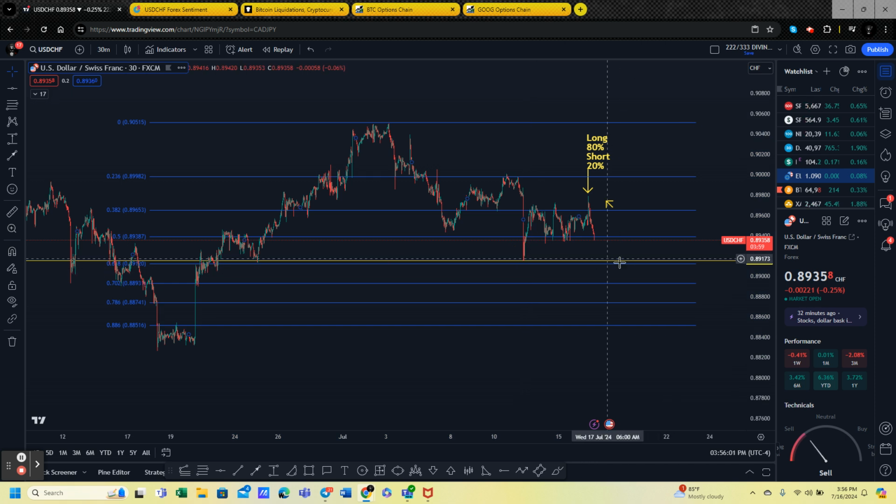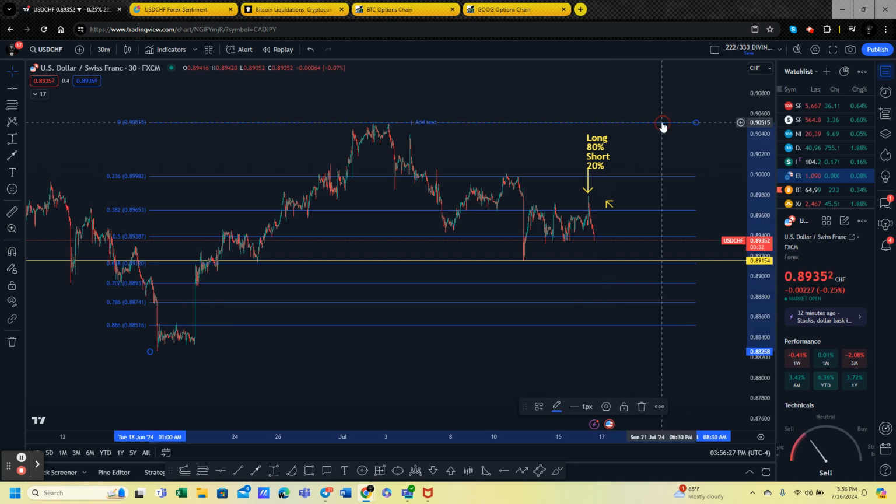But if we break this level, I know I got the 70 and the 78% to play with. And for right now where we currently are, it's getting late in the day though, so it's almost 4 o'clock. But yeah, we got about 60, 65, 66 pips that we could play with to get down to the downside based off of this. So yeah, I definitely want to continue to see the longs overextended.